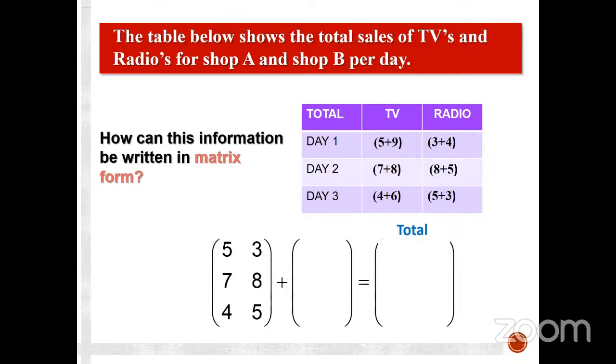Let's turn our attention to the information from shop B for our second matrix. Let's run through this quickly. What would be the first row of numbers in my second matrix? Gabby says 9 and 4. Very good, Gabby. How about my second row? I know they're typing, it's taking a while to come in.